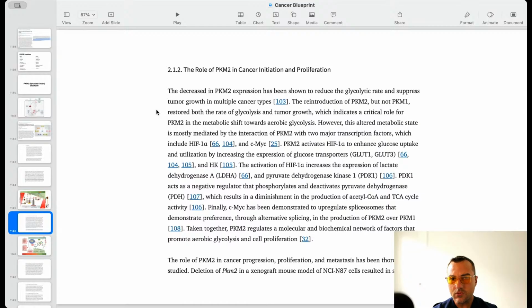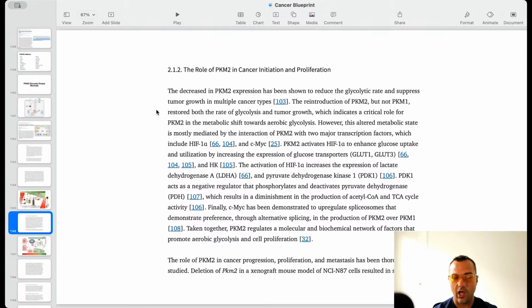However, this hypermetabolic state is mostly mediated by interactions of PKM2 with two major transcription factors, HIF1 alpha, which we've talked about over and over again, and c-MYC. PKM2 activates HIF1 to enhance glucose uptake and utilization by increasing the expression of glucose transporters and hexokinase.